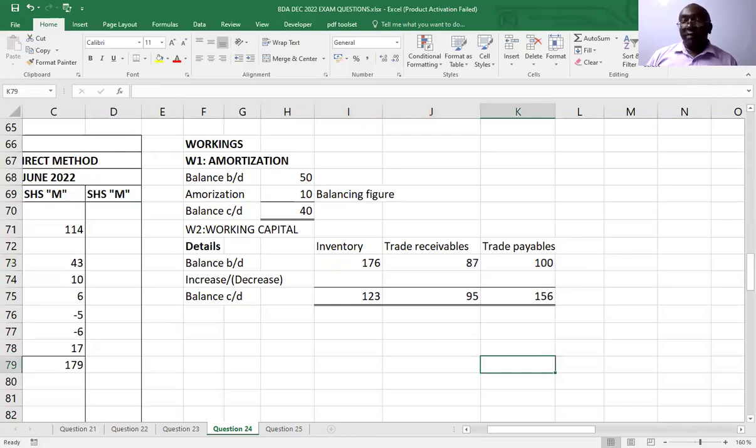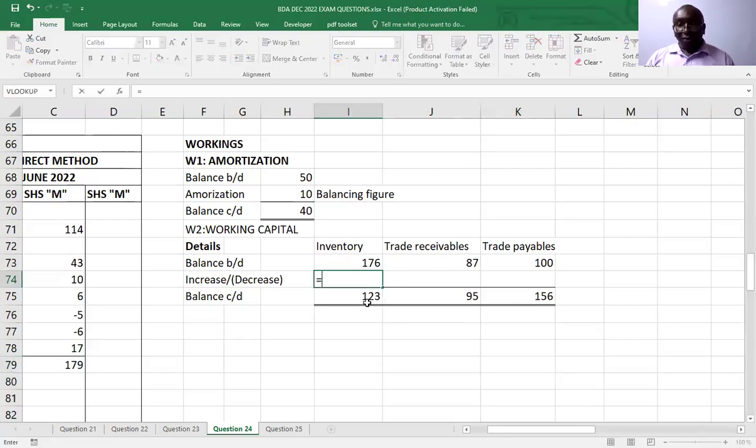So let's just design a formula to know the increase or decrease. We shall take this one to be equal to the closing minus the opening. The closing minus the opening.